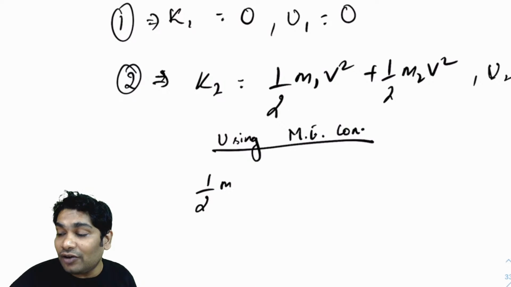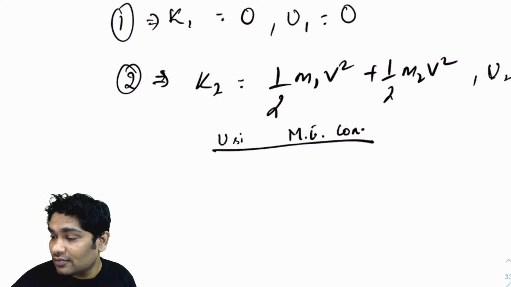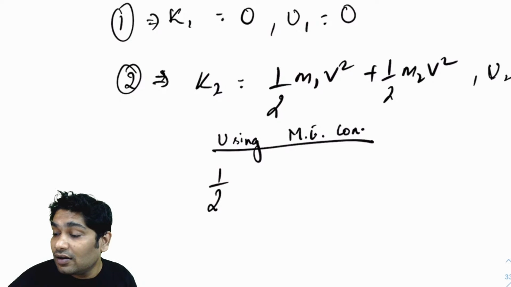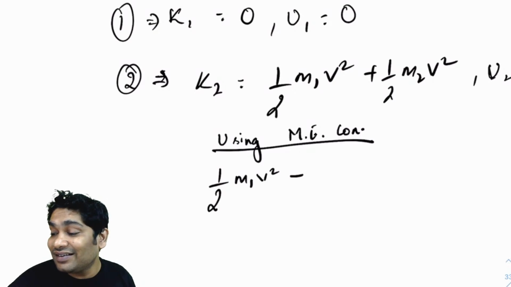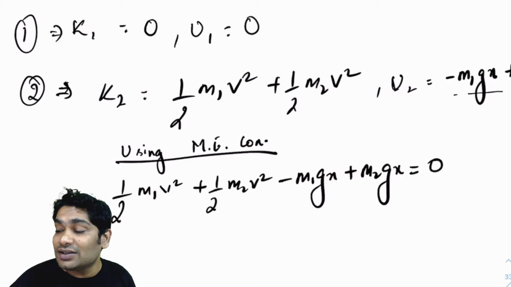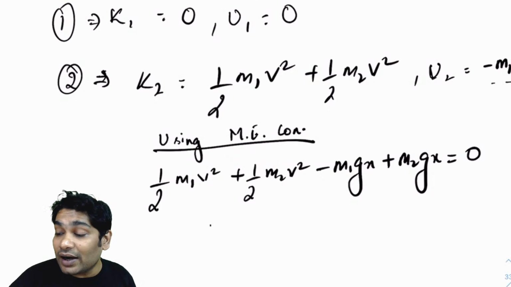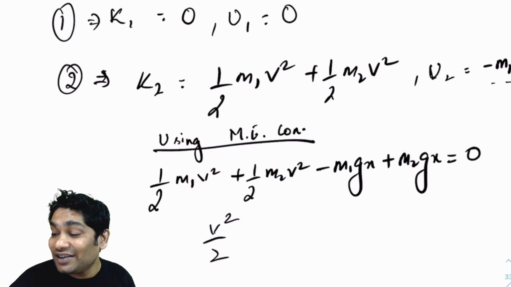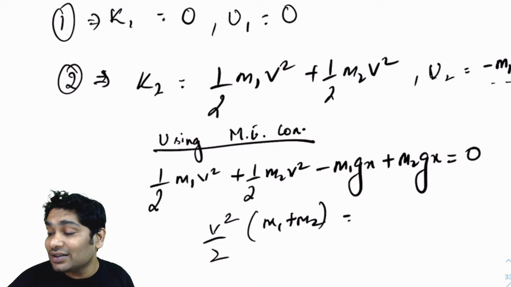So I can write half m1 v square plus half m2 v square minus m1gx plus m2gx equals 0. So I can also write v square by 2 times m1 plus m2 equals, here I am taking gx common, m1 minus m2.